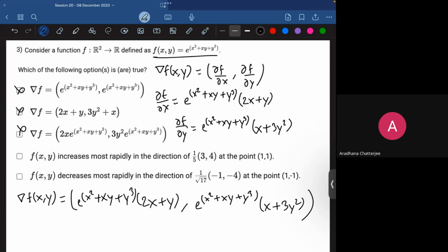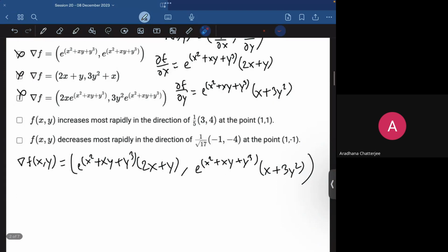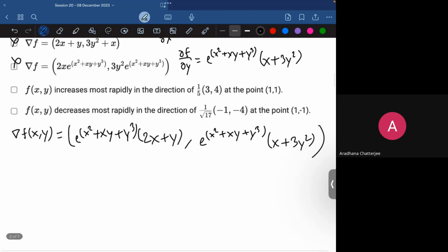Now we have to check the direction in which the function increases most rapidly at this point. They've given some points, so we have to compute the directional derivative, and we want to get the maximum of that. First of all, we will evaluate the gradient at this given point, 1, 1.